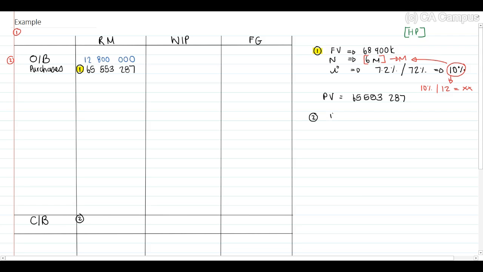And this will be calculation number 1, the 655,553,287 times 10%. And this will be 655,329. Now, guys, immediately you can calculate the amount that shall be transferred to your WIP. And this will be your balancing figure.